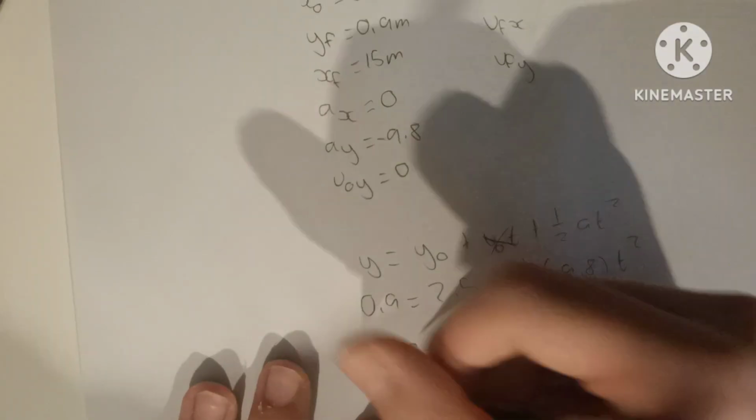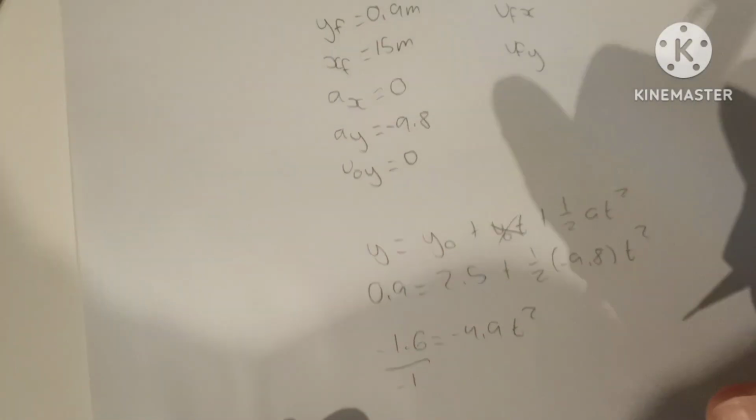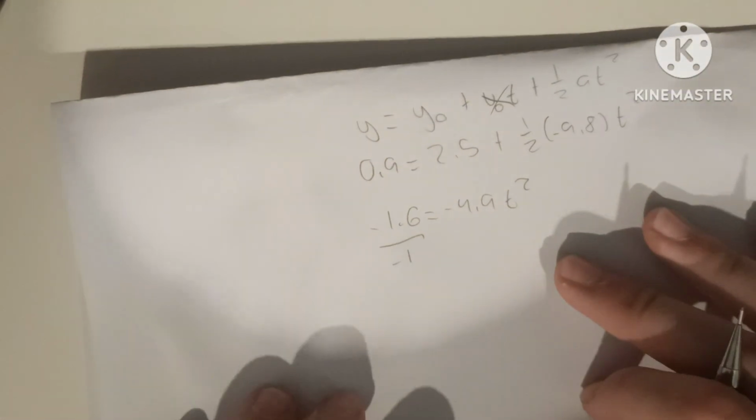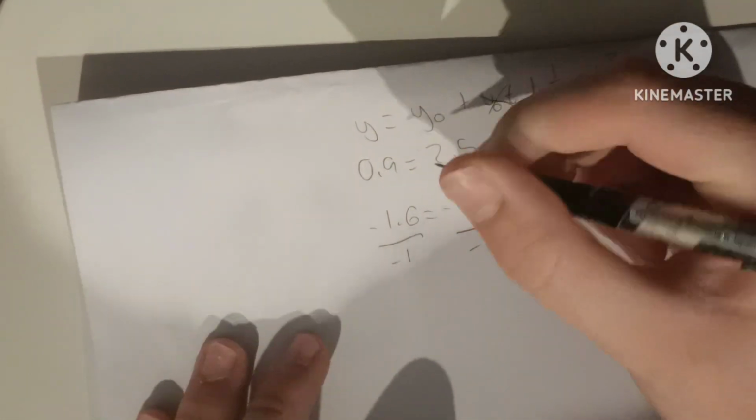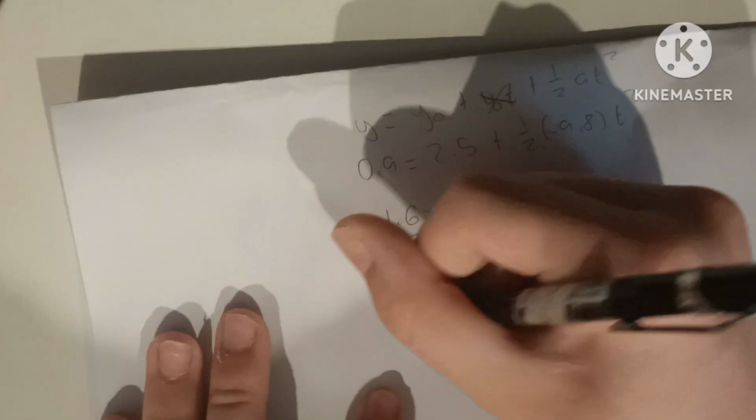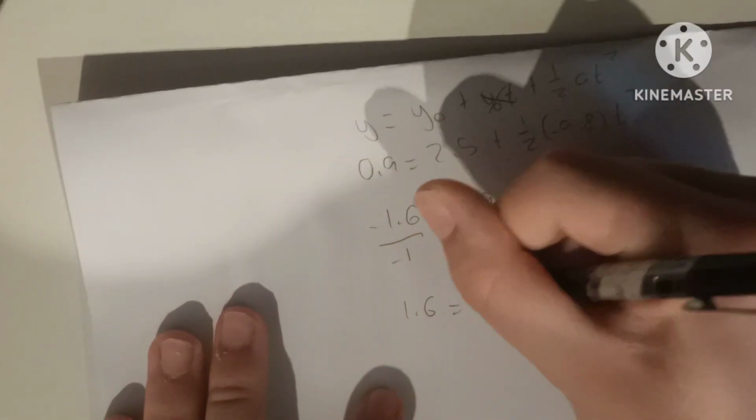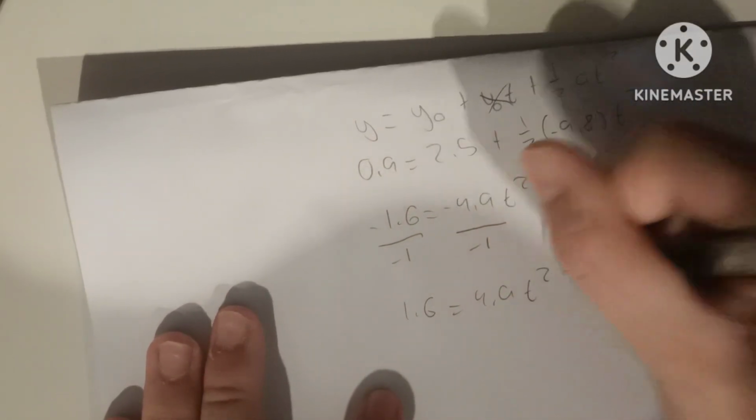From this, we could divide by negative 1 on both sides, which will cancel out the negative, to get 1.6 equals 4.9 t squared.